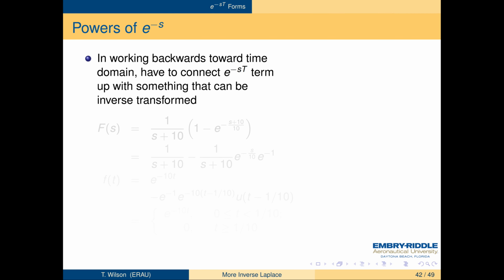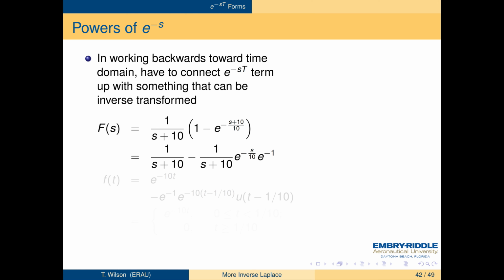When we are given a Laplace transform with powers of e to the minus s in it, we have to connect the e to the minus s t term with something we know the Laplace transform of. For this Laplace transform, we can distribute the 1 over s plus 10 into both terms in parentheses, where we can recognize the signal as a decaying exponential with a rate constant 10, less another decaying exponential with the same rate constant that starts 1/10 of a time unit later.